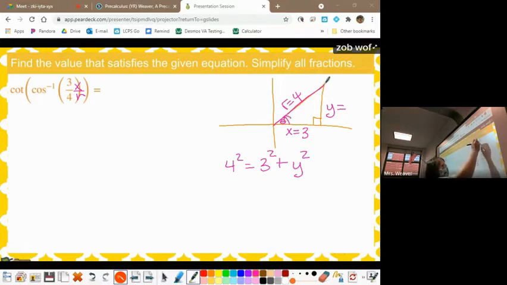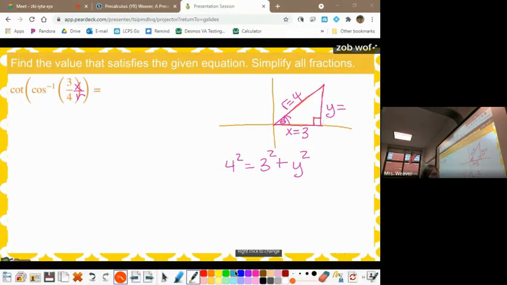From that radius, you drop an altitude perpendicular to the x-axis, and that creates the triangle we use to find our trig values. Make sure that you mark that as a right triangle. If it weren't a right triangle, we wouldn't be able to use the Pythagorean theorem or any of those other things. You've got to show me why you know we're legal to use the Pythagorean theorem.